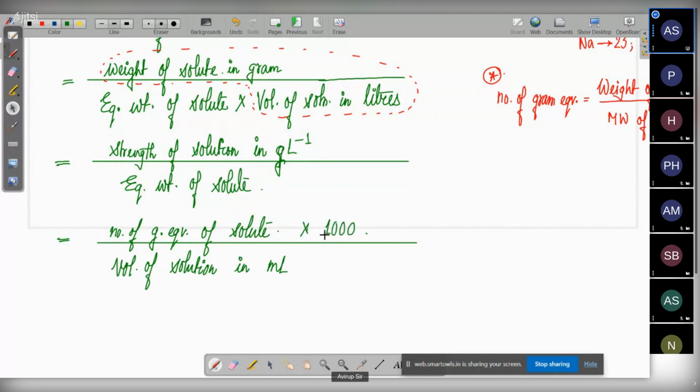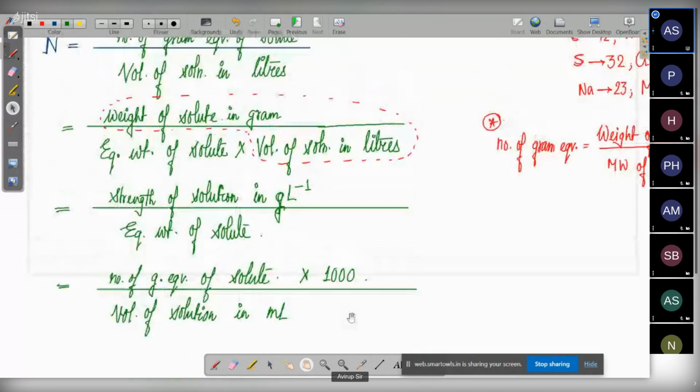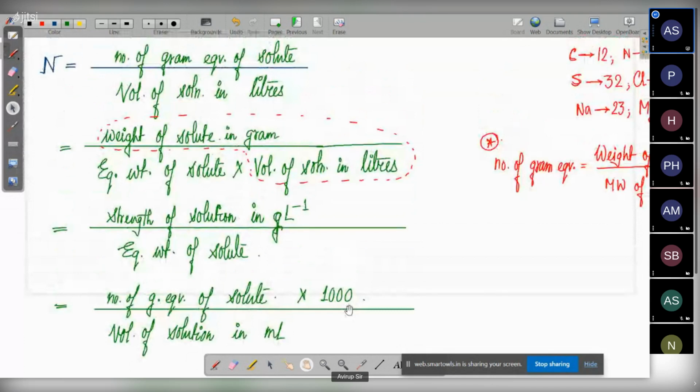Okay, so the only difference between molarity and normality is that molarity is dealing with the molecular weight. In every part of the formula, if you just replace it by molecular weight, you get the molarity thing. Whereas the normality is dealing with the equivalent weight of a substance. That is the only difference.